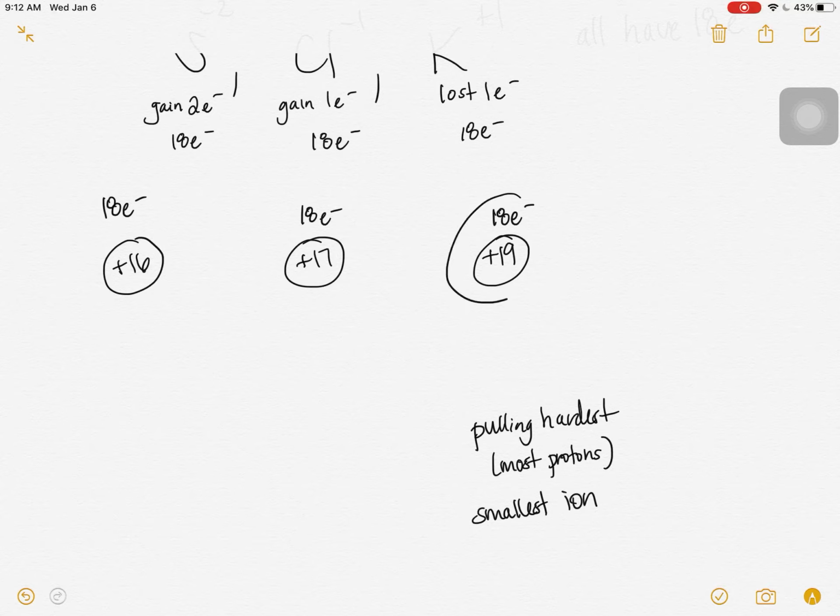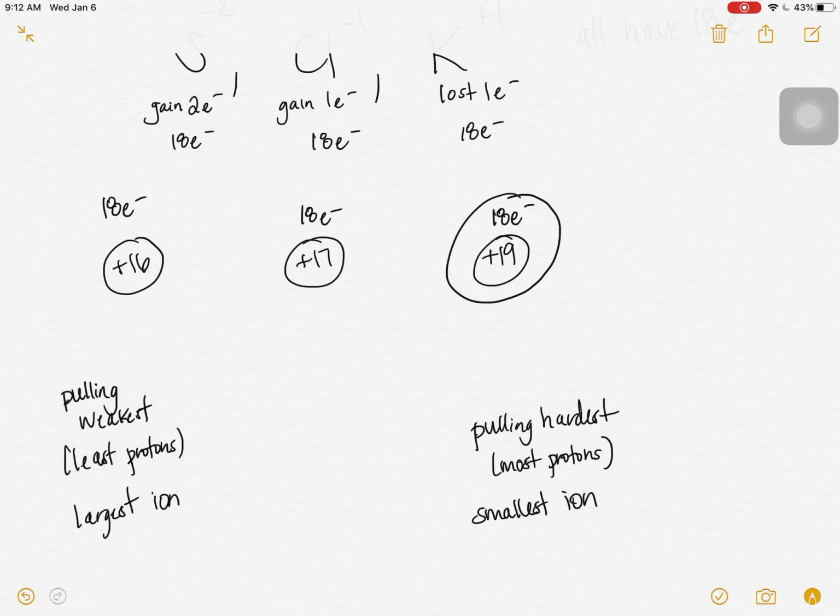So if I were to draw it, maybe it looks like this. Now sulfur -2 is pulling the weakest. Why? Because it has the least protons. And if it's not pulling very hard, then it's going to be the largest ion. So maybe it looks like this.